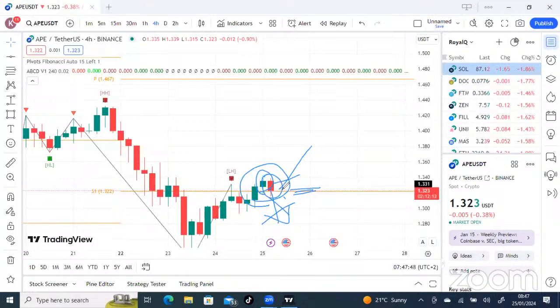Leader, how do you connect TradingView to Royal Q? I see your side by side. No. You go and analyze your coin in TradingView, and you go and trade in your Royal Q. This is an area for analyzing the market.